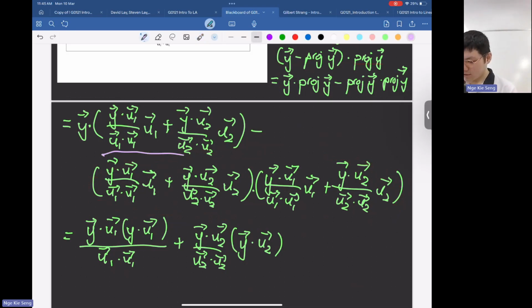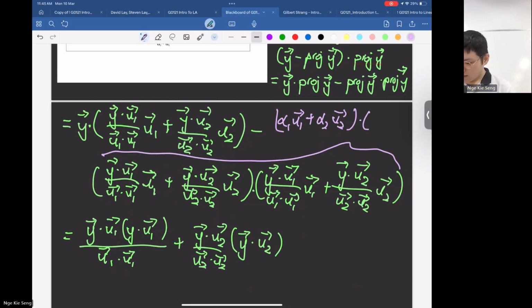Let's make it a little simpler. Here you can view it as alpha 1 u1 plus alpha 2 u2, dot with alpha 1 u1 plus alpha 2 u2. So what are you going to get? Alpha 1 squared u1 dot u1, plus what's the other term?